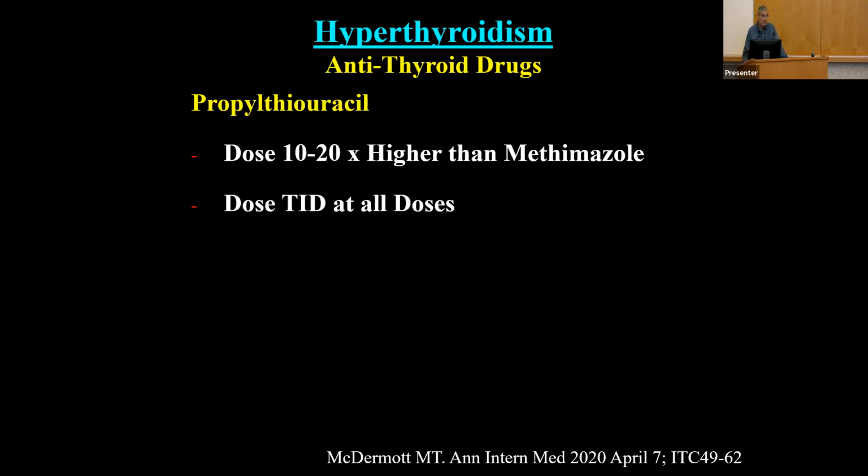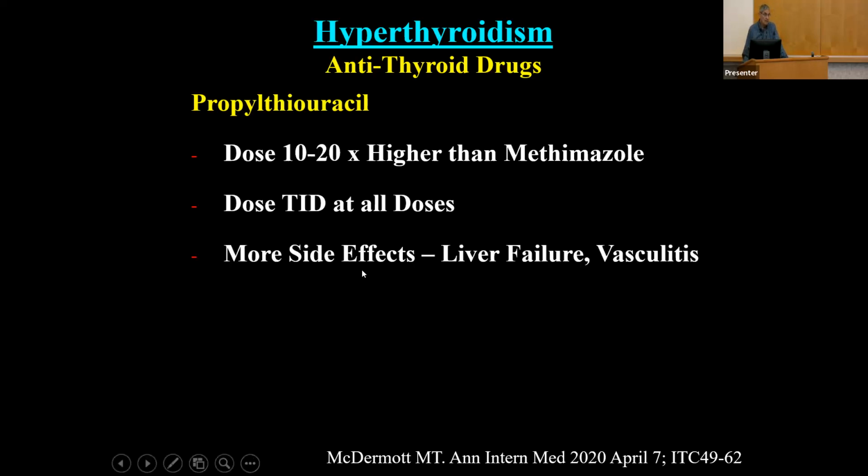Patient adherence is not as good with propylthiouracil. It's got a lot more side effects. PTU is the 3rd leading cause of drug-induced liver failure. So that's scary, and it can cause a very significant vasculitis, and these don't occur with methimazole. So that's why we try to avoid propylthiouracil.